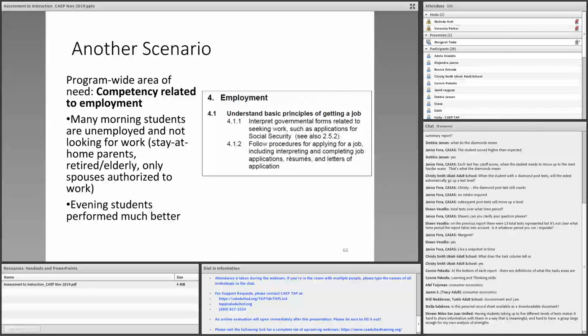Okay, Shireen notes having students take up to 5 different levels of tests makes it hard to share information with them in a way that's meaningful. Okay, so you get class reports for each form, and you'll have to then analyze those to see what areas, if you're a teacher, the students are having the hardest difficulty with.